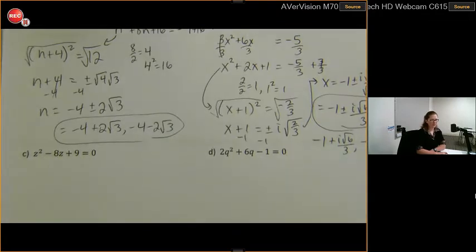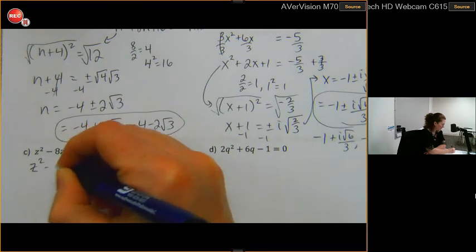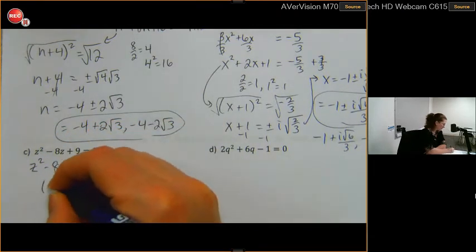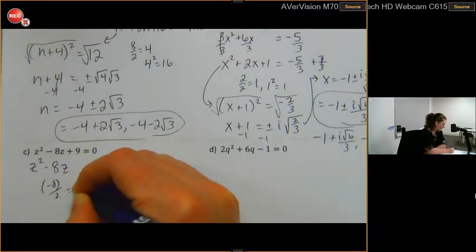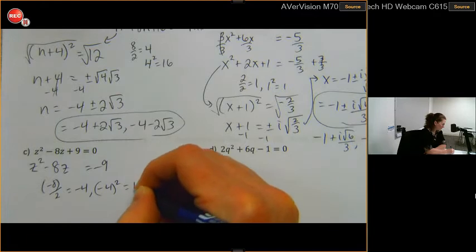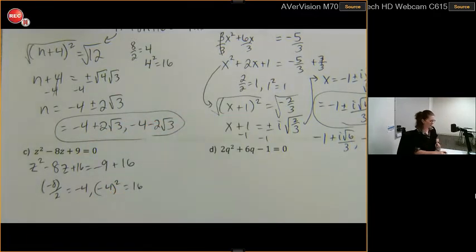Part C, moving that 9 to the other side. Completing the square. So I'm going to be adding 16 to each side of the equation.